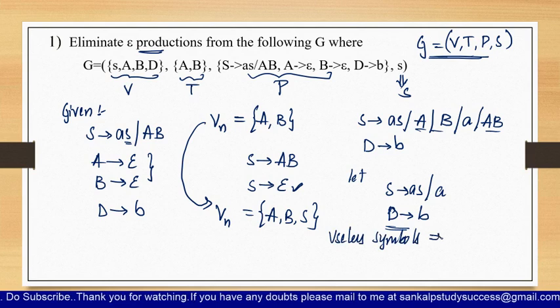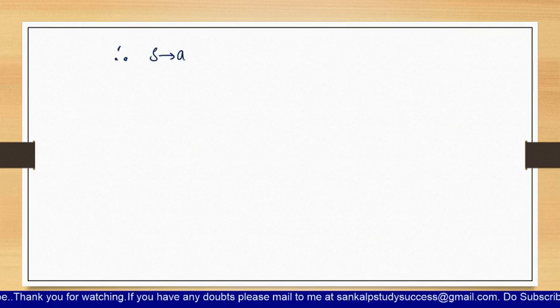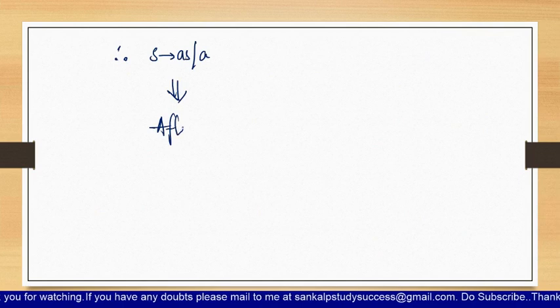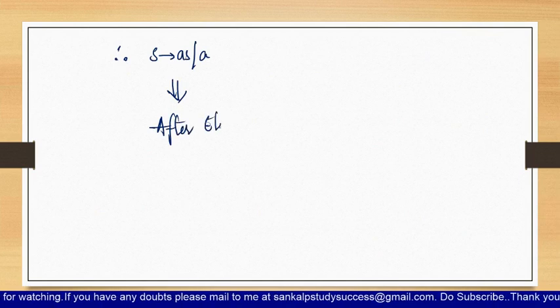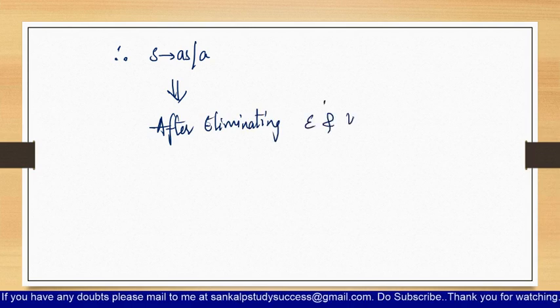Here, the useless symbol is D. So, therefore, S tends to AS or A is the context-free grammar after eliminating null productions and useless symbols.